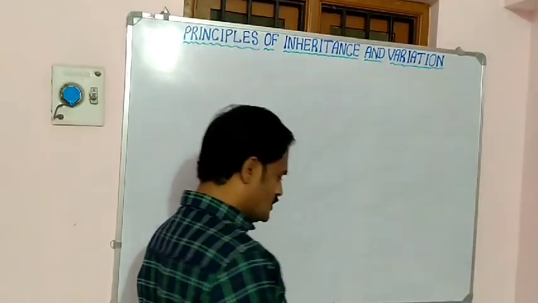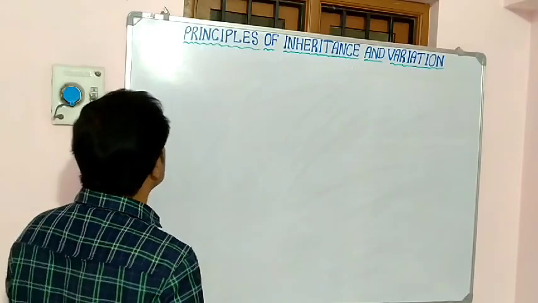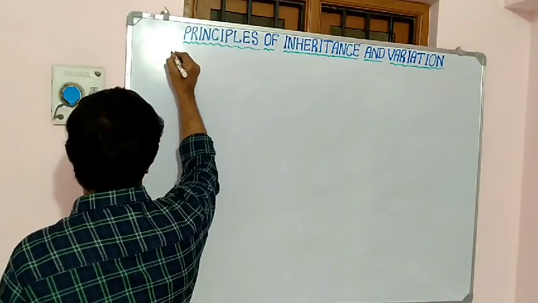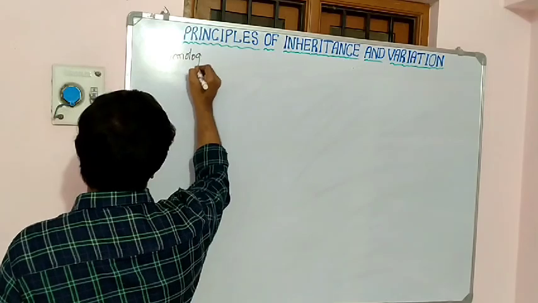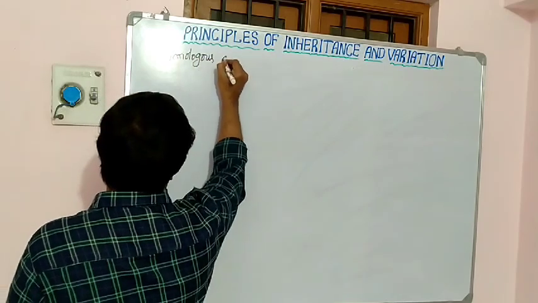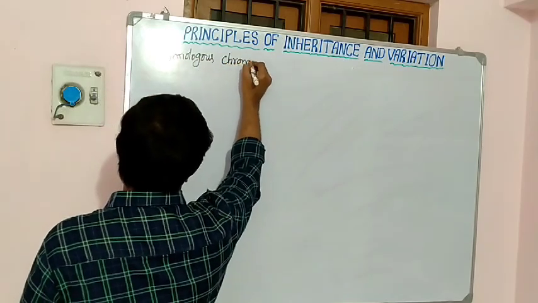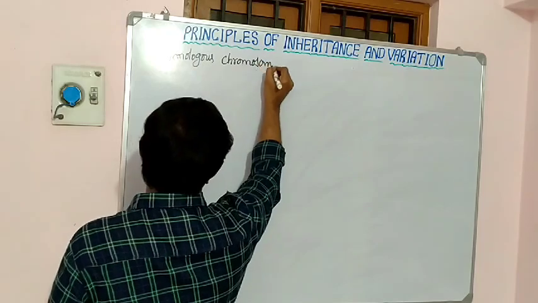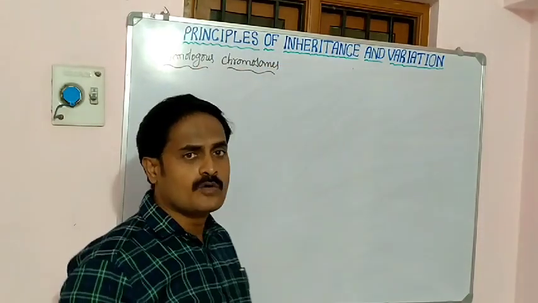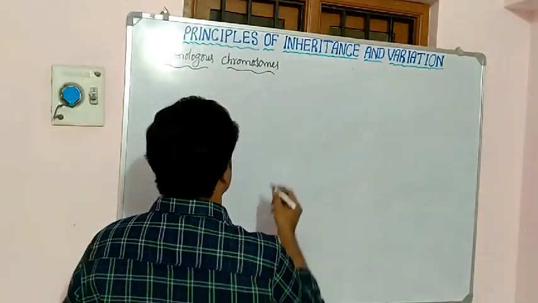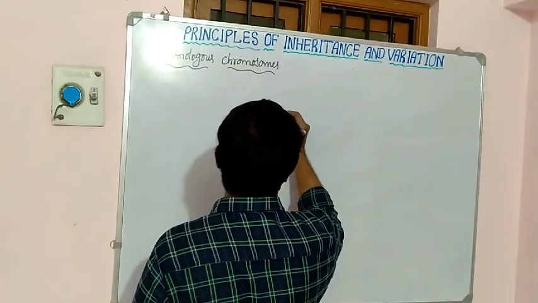Okay, next one, homologous chromosomes. So what is a homologous chromosome? See, for suppose I will draw the diagram of a chromosome.